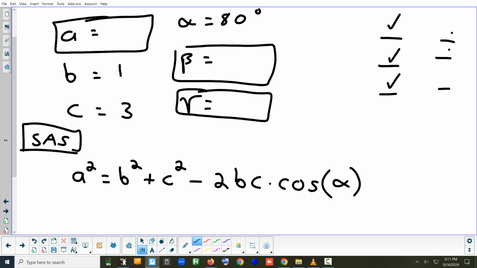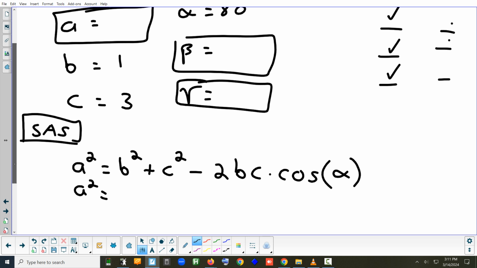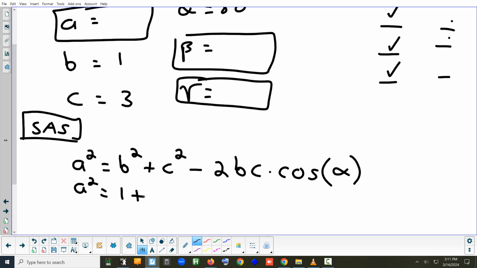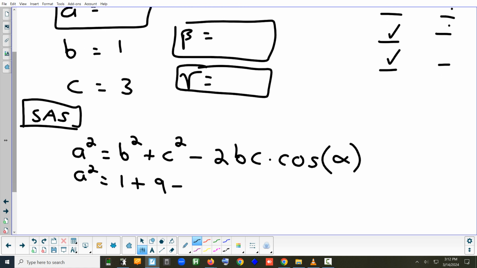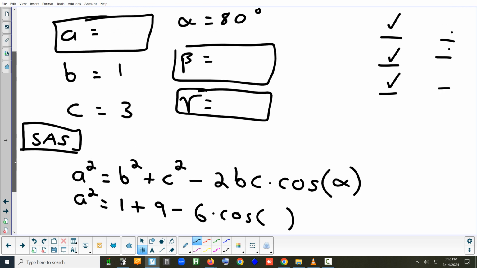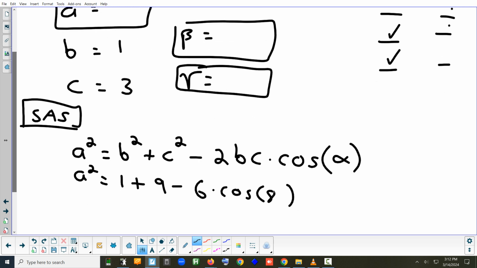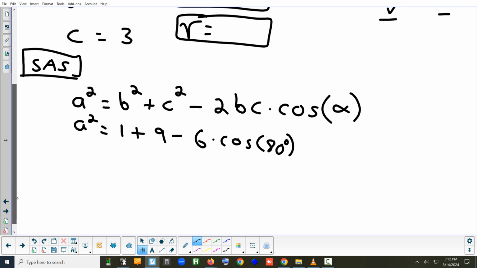So let's do that. What's b squared going to be? 1. And c squared? 9. And then what's 2 times b times c? 6. Yep. So 6 times cosine of, and we know alpha is 80.